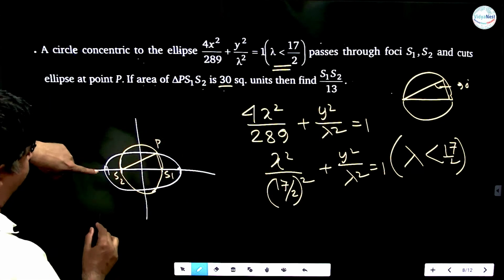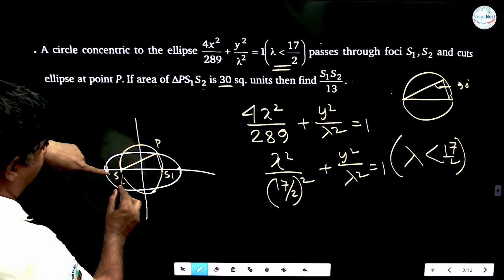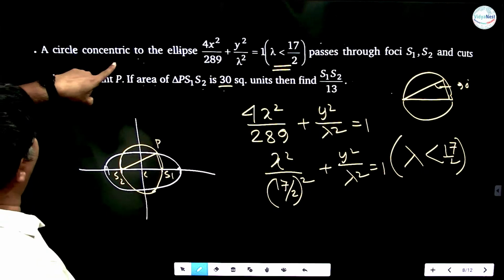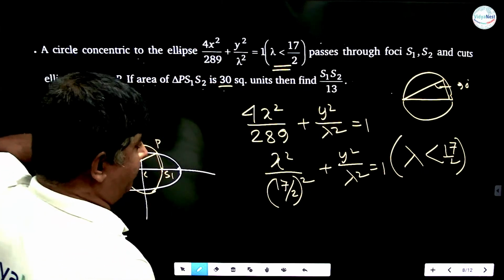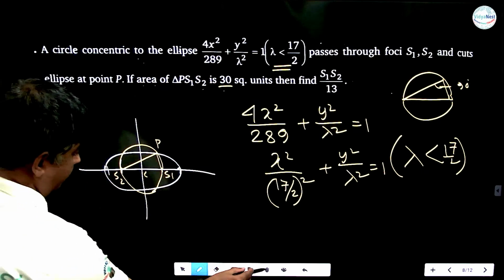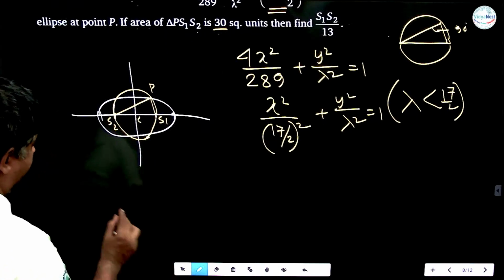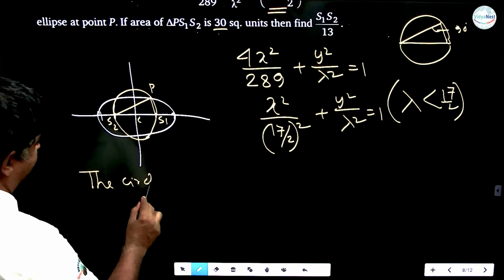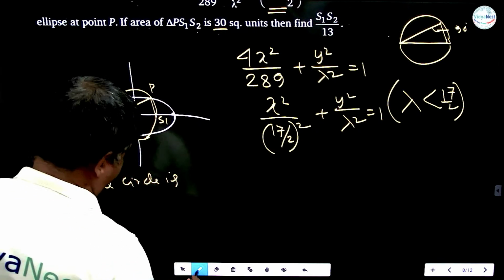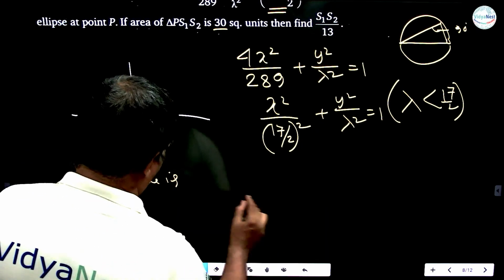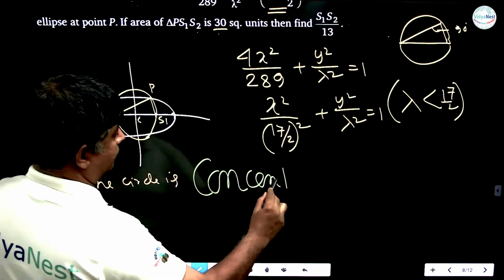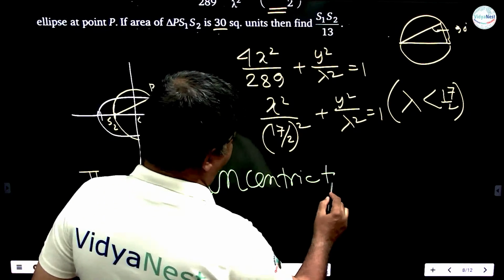So here the circle passes through S1, S2, and the center of the circle and the center of the ellipse are the same.